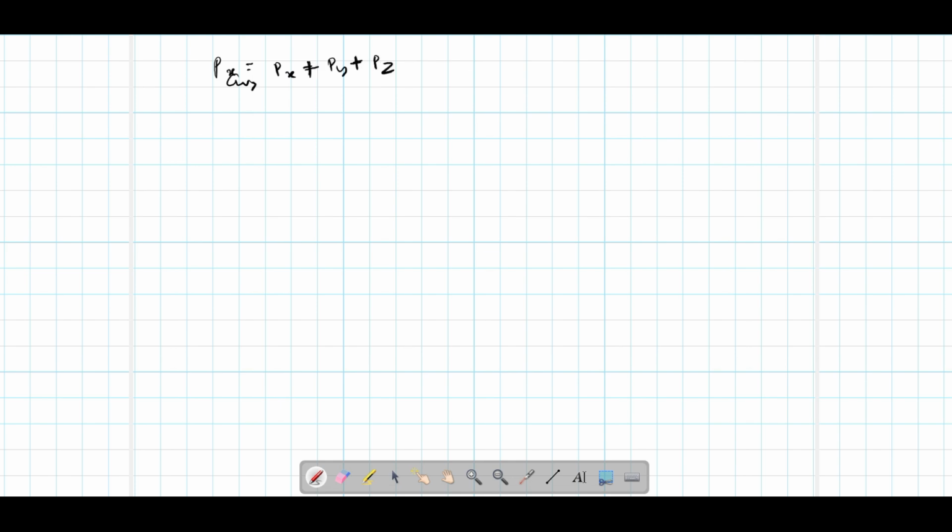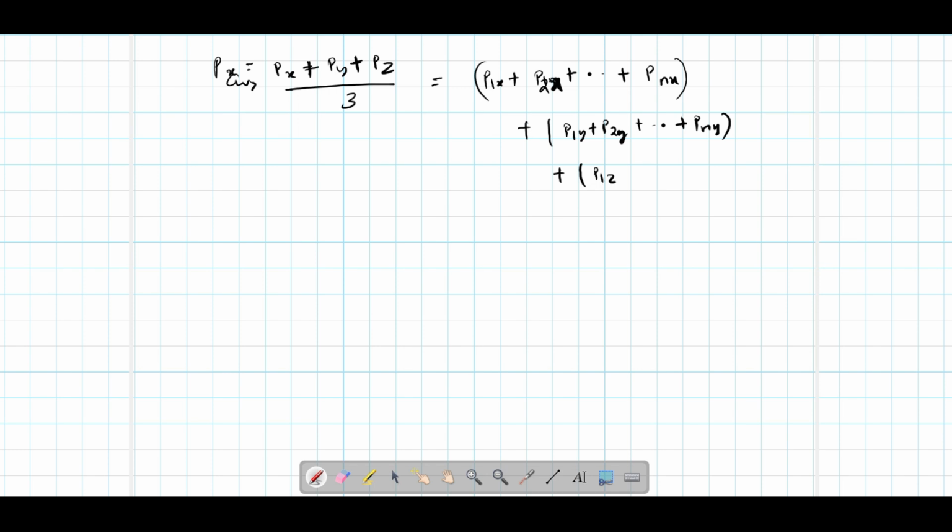Px is P1x, P2x, up to Pnx, that is Px. Py is P1y, P2y plus Pny. Pz is P1z, P2z, up to Pnz, whole divided by 3.